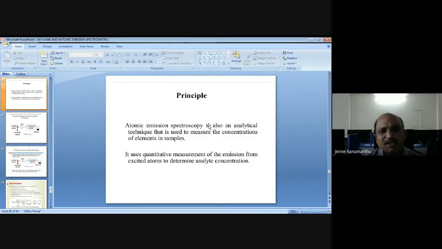These are all covered, and the respective sources and detectors were also discussed in the last classes, right? And today we'll see one more category of spectroscopy, which is emission based. So the previous comes under absorption based.